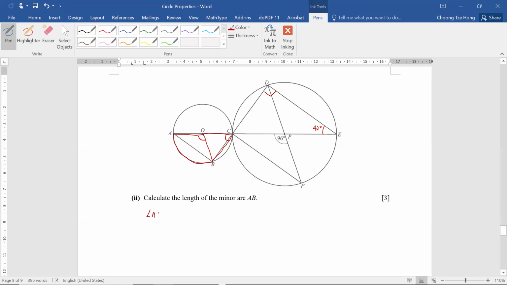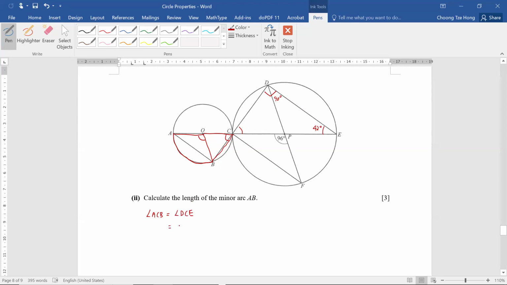Angle ACB. Okay, so angle ACB is in this small circle. How do we relate it to the other triangle? By vertically opposite angles, we can come over here, right? We know this one is 90, and we know it's 42, so we should have no problem finding this angle DCE. So angle ACB equals angle DCE.